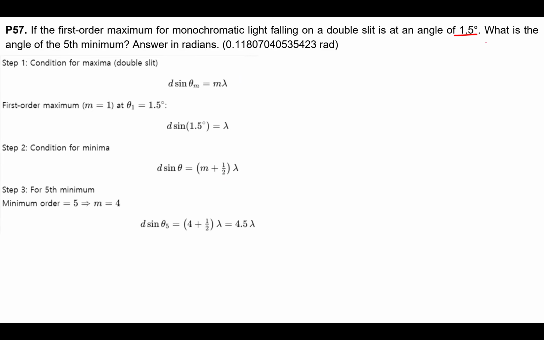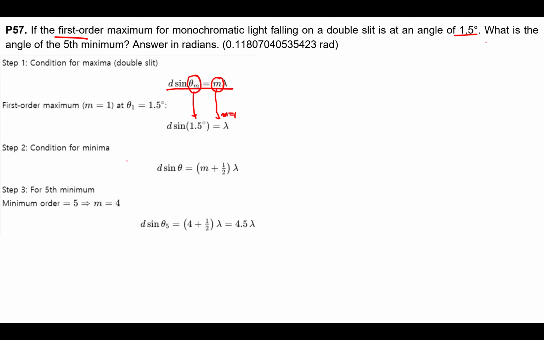If the first order maximum for the monochromatic light falling on a double slit is at an angle of 1.5 degree, what is the angle of the fifth minimum? Answer in radian. Okay, so the condition for the maxima for the double slit is d sine theta m equal to m lambda. So depending upon m, you have a different theta. First order maximum is happening at the angle of 1.5 degree, so that m equal 1, and the theta is given here.